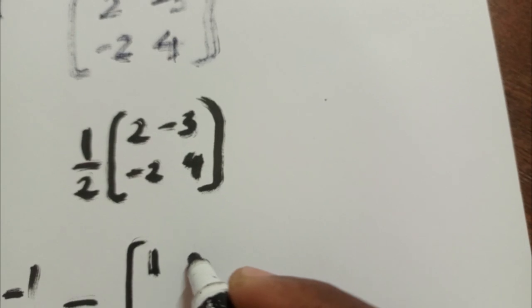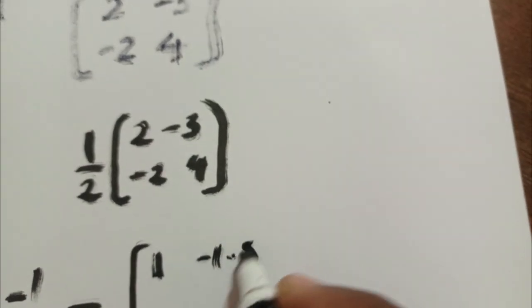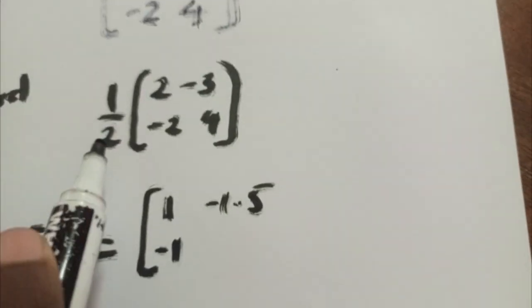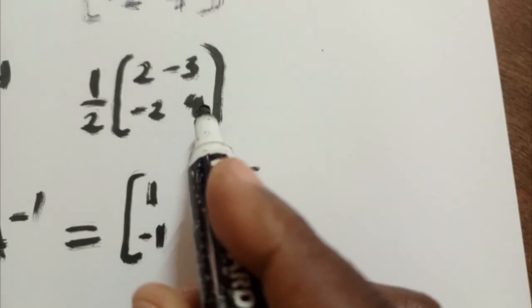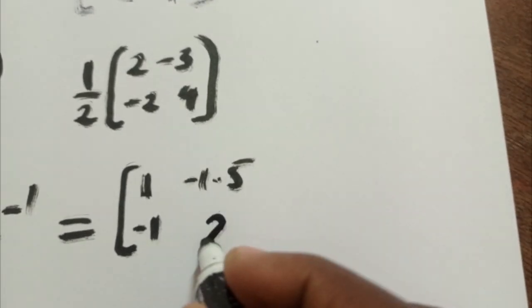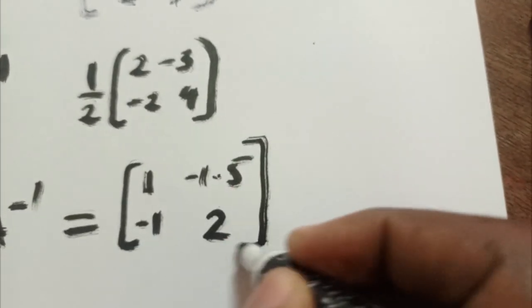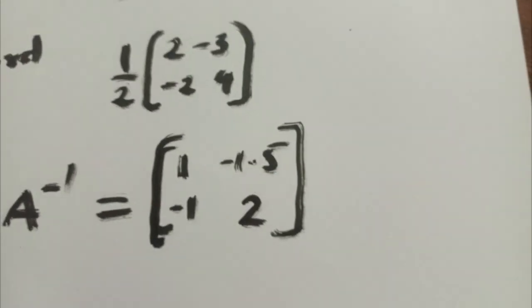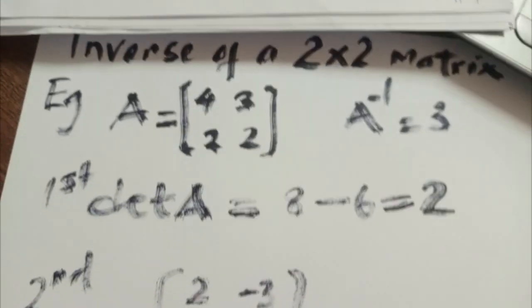A half times negative 3 is negative 1.5. Then a half times negative 2 is negative 1. And a half times 4 is 2. So what we have here is the inverse of matrix A that we had.